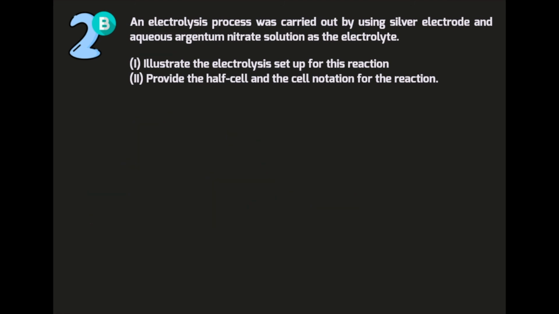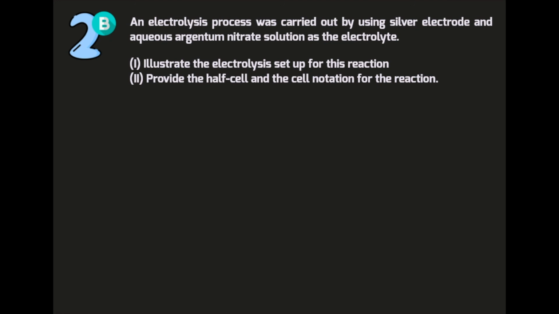Let's move on to the second part of the question. Provide the half cell and the cell notation for the reaction. You know that it is an electrolysis process. So we shall have the anode, cathode, and overall reaction, and then only we write the cell notation.